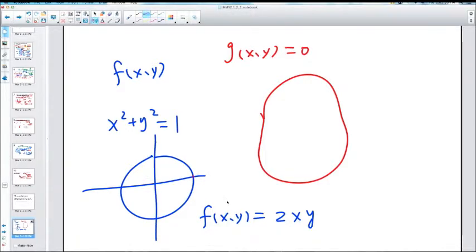Here it's 0, here it's 0, and somewhere here you might find 2xy maximized: square root of 2 over 2, times 2, that will be 1. And 0 here, 0 here. That's the question.